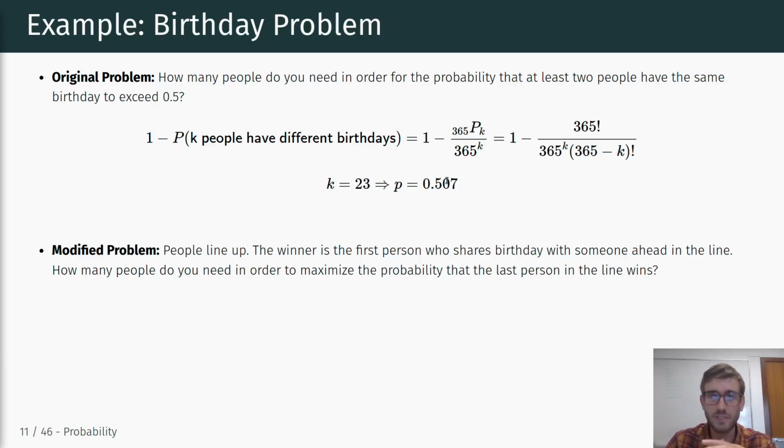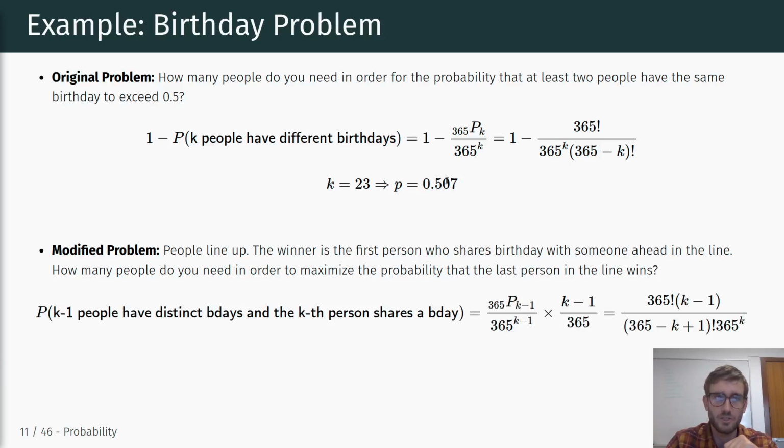So it's related, but it's not exactly the same type of problem, but it's nevertheless still a problem of permutation. The way we can compute this probability is to compute the probability of k minus 1 people having distinct birthdays, and the kth person shares a birthday.